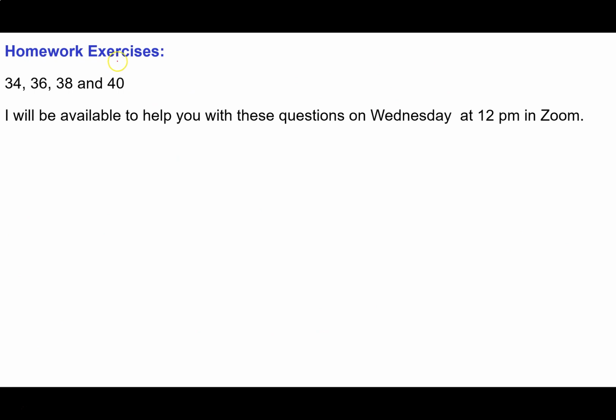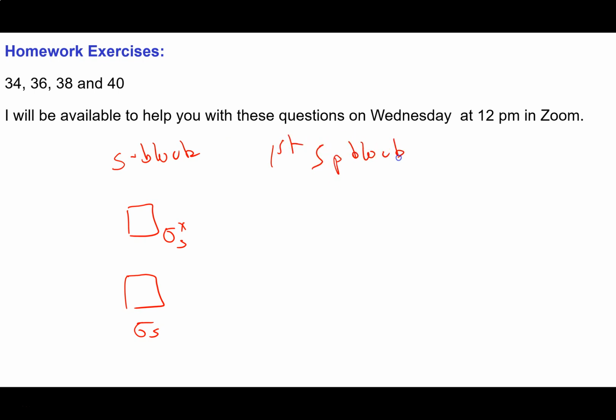Okay, so this is kind of a tricky section, but you really just have to recognize that you have 3 different types of MOs and 3 different types of molecular orbital diagrams. The first for the S block, and then you have one for the first 3 of the P block, and then you have another type for the second 3 of the P block.